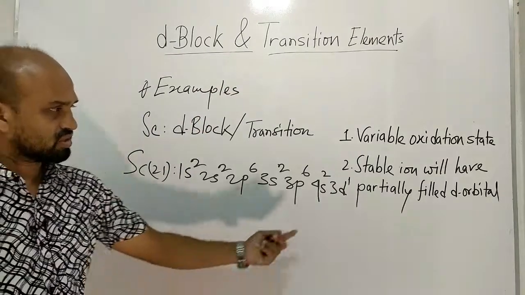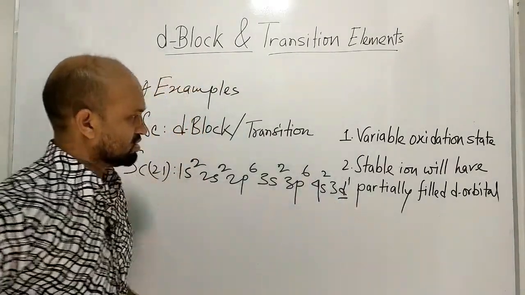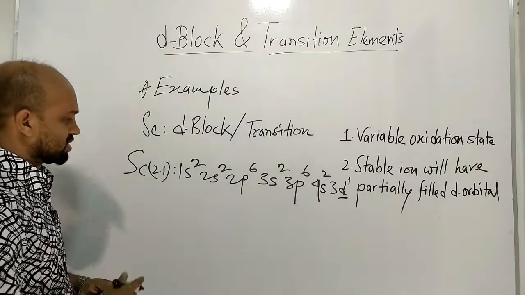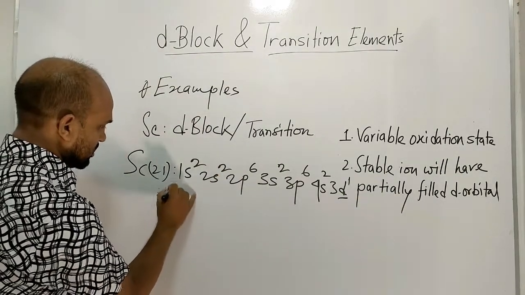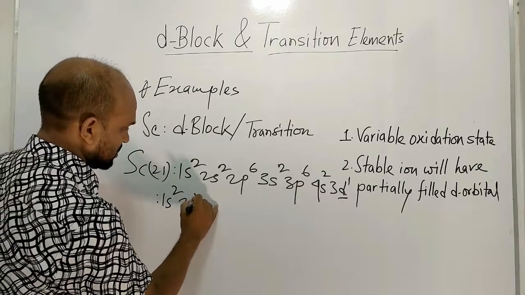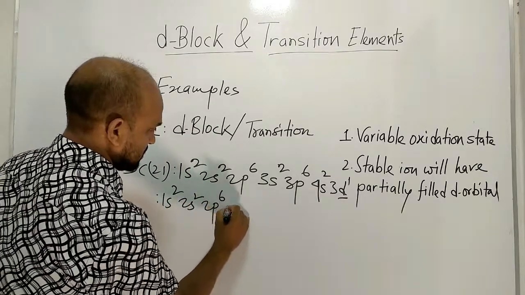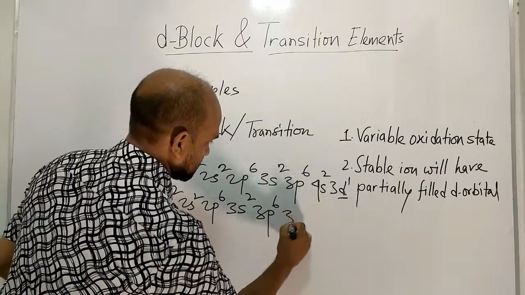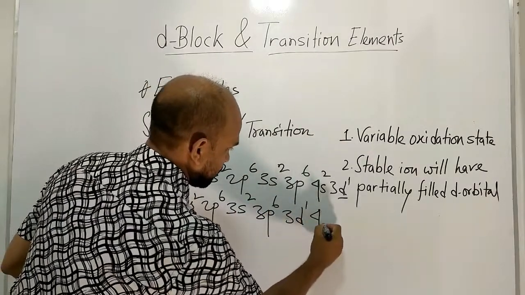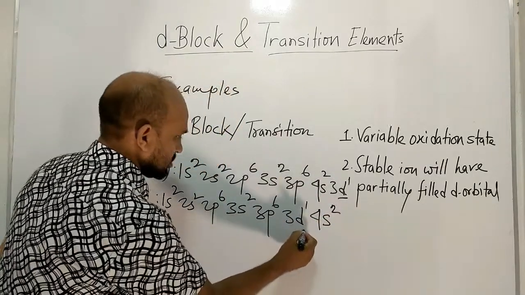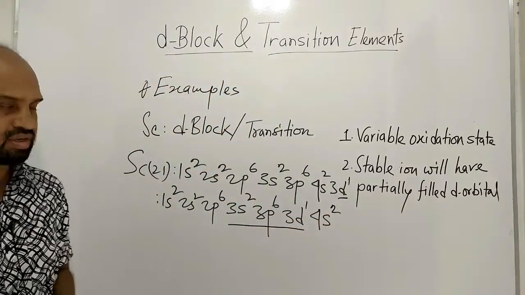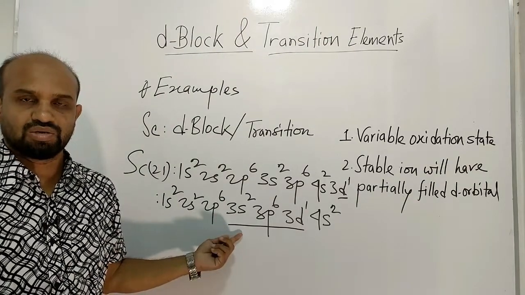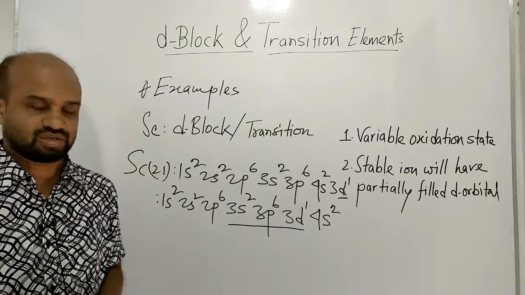Last electron enters d orbital, that is why this is a D-block element. Here this configuration can be written as 1s2, 2s2, 2p6, 3s2, 3p6, 3d1, 4s2. The orbitals of an energy level are written one by one to avoid possible mistake.